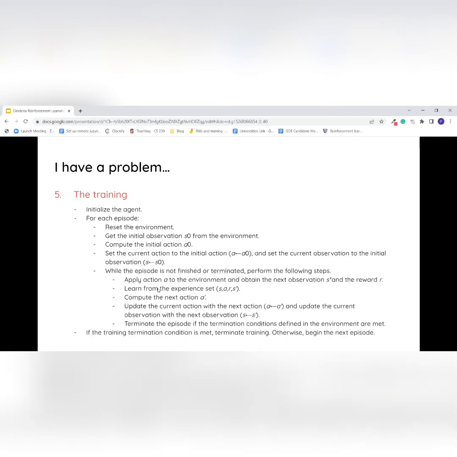For the training, this is an example of just a simple algorithm instead of using a training framework. We will just be doing simple programming with if, else, then.